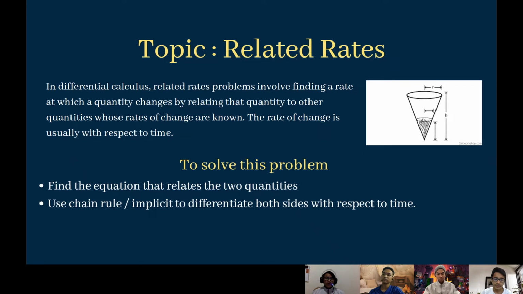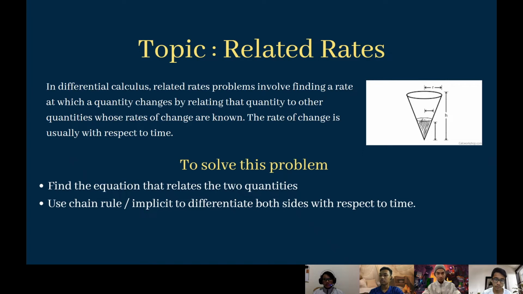The topic that we have chosen in relation to rates that use differentiation is related rates. In differential calculus, related rates is a problem involving finding a rate at which a quantity changes by relating that quantity to other quantities whose rates of change are known.